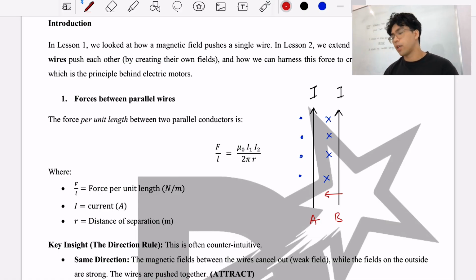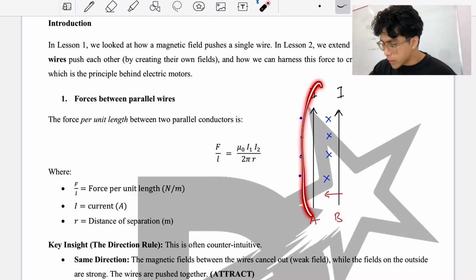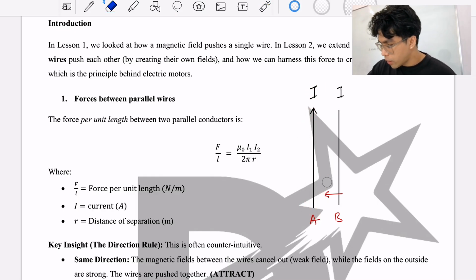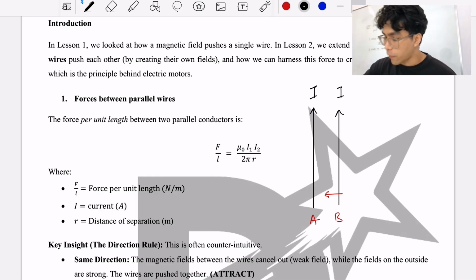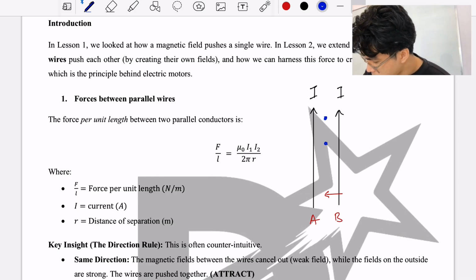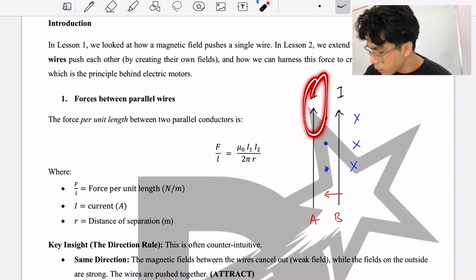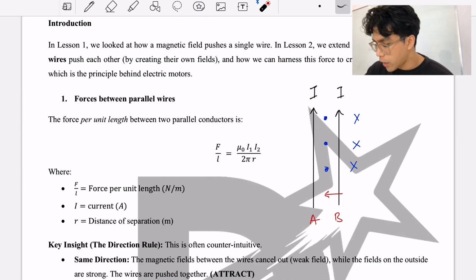And similarly, if you do the same thing for this conductor, if we look at the magnetic field produced by the right conductor, so conductor B, thumb points upwards, fingers curl out of the page on the left hand side and into the page on the right hand side, you can see now how conductor A is going to experience a magnetic field coming out of the page.